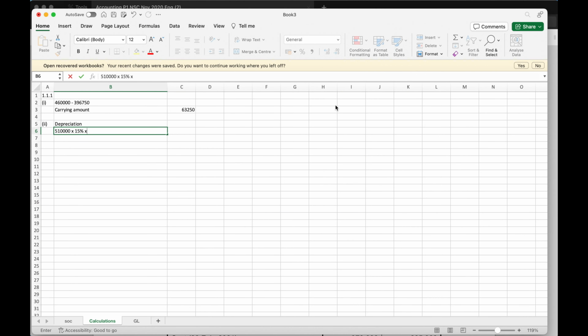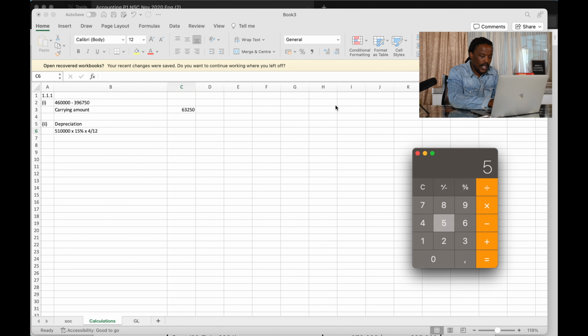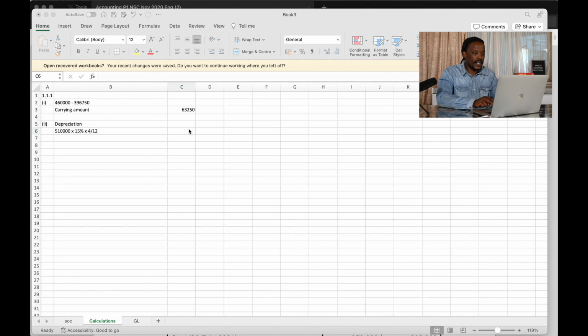So it was used for 4 months over 12 months. So the depreciation value for that asset which was bought during the year is 510,000 multiplied by 15% multiplied by 4 divided by 12, which is 25,500.